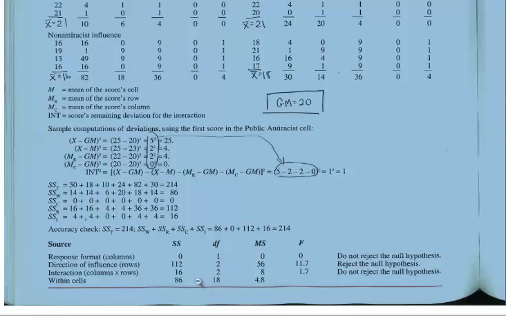Or we can take our total sample size, which was 24, and subtract each cell from that. We had 6 cells and 24 subjects, so 24 minus 6 gives us 18.